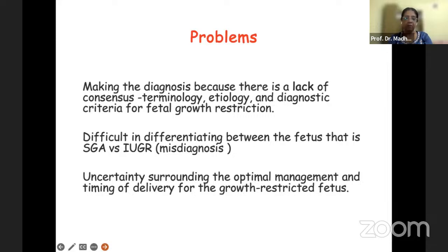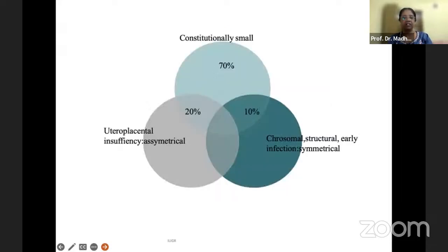Also, the problem is compounded by the fact that it's difficult to differentiate between the fetus that is small for gestational age versus IUGR, because some babies, because of genetic reasons, are basically small, whereas some babies fail to grow. That's what we call IUGR. And also the main thing is there is uncertainty surrounding the optimal management and the timing of delivery for the growth restricted fetus.